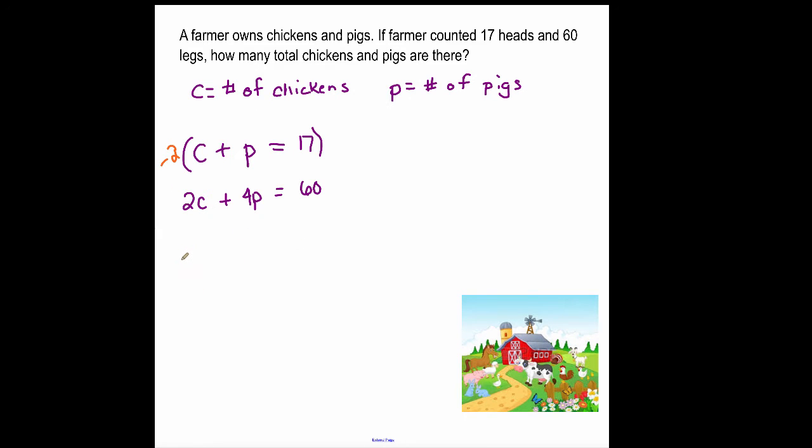When I do that, I'll get negative 2C minus 2P is equal to negative, well, 15 and 15, that's 30, plus the extra 2 is 34. Then I'm going to rewrite my other equation right below because I now automatically have opposite coefficients.